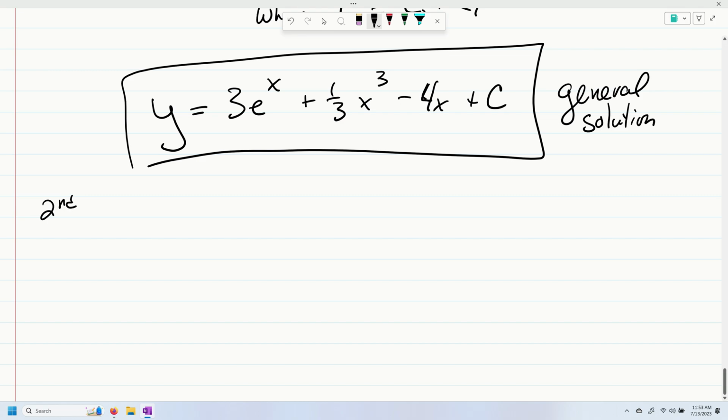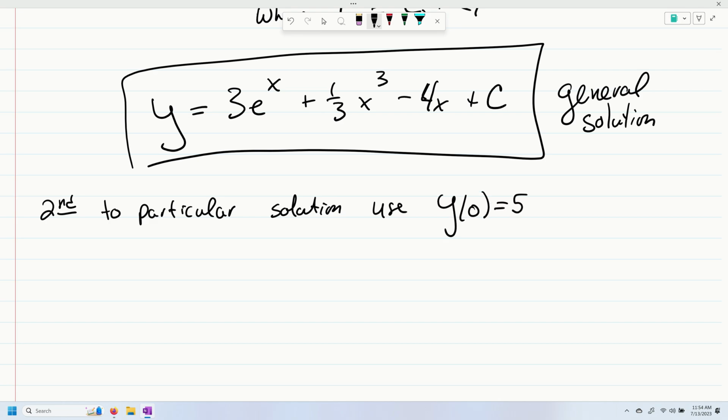The second thing is to find a particular solution. So to find a particular solution, use y of 0 equals 5.